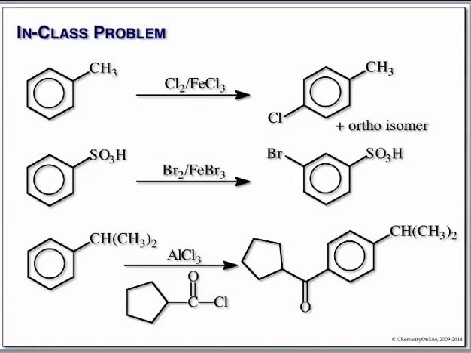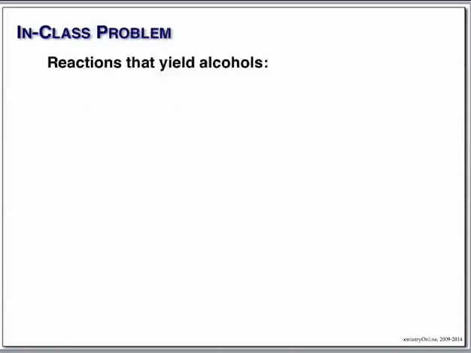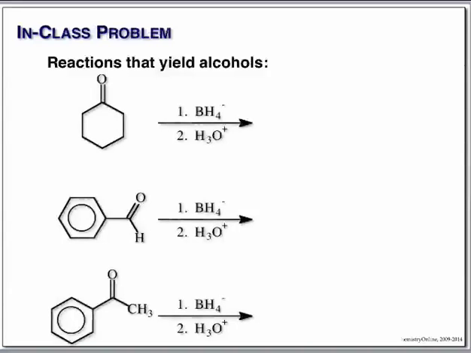Well, after we finished reactions of benzenes, we moved into alcohols. We looked at a bunch of reactions that yielded alcohols. This is simply borohydride reduction. Sodium borohydride, very nice, very simple product to use. Does have some drawbacks, but it's soluble in water. Again, it's a very, very simple reaction.